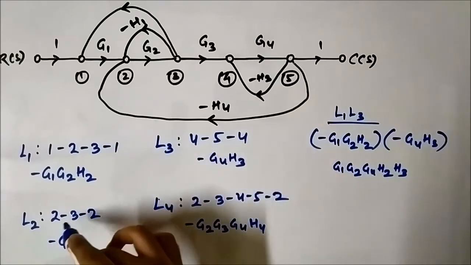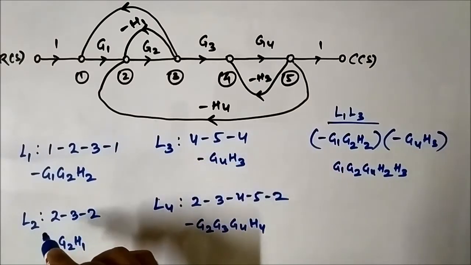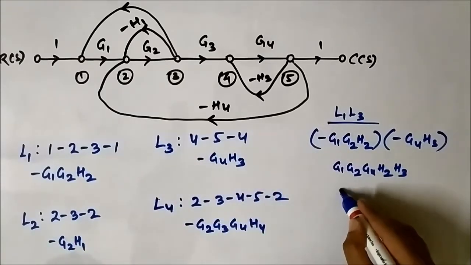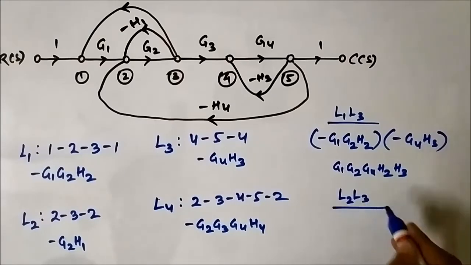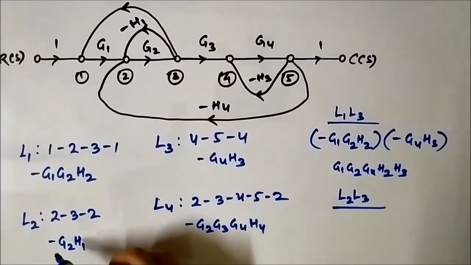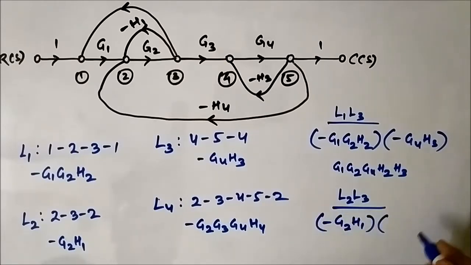L2 with L3, 2 3 2, here it is 4 5 4. Again no common nodes, so L2 and L3 are also two non-touching loops. We'll multiply the gains, so it will become G2 minus G2 H1 into minus G4 H3.